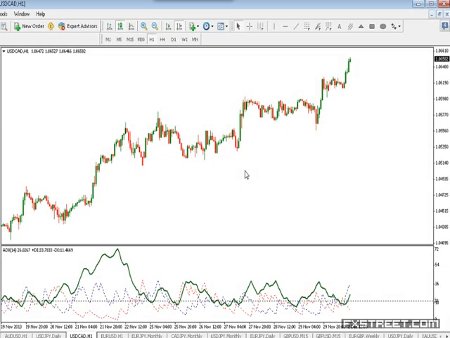When the ADX crosses the blue line over here, you have a look at the red DMI line. If your red DMI line is still continuing down, it means that your existing uptrend is still in place. When the ADX crosses the blue line, if your red line has started moving up, it means that price is going into a downtrend.